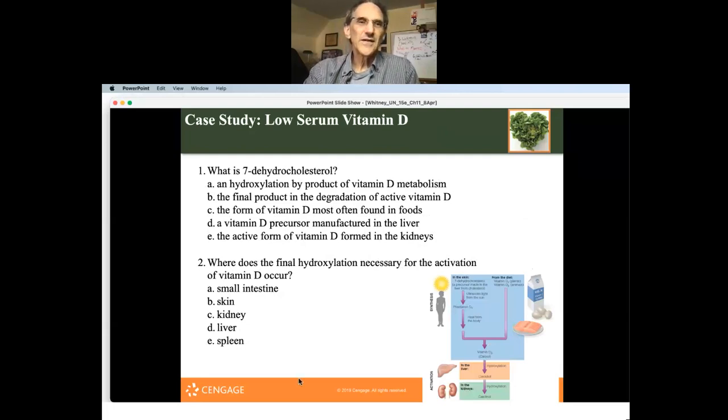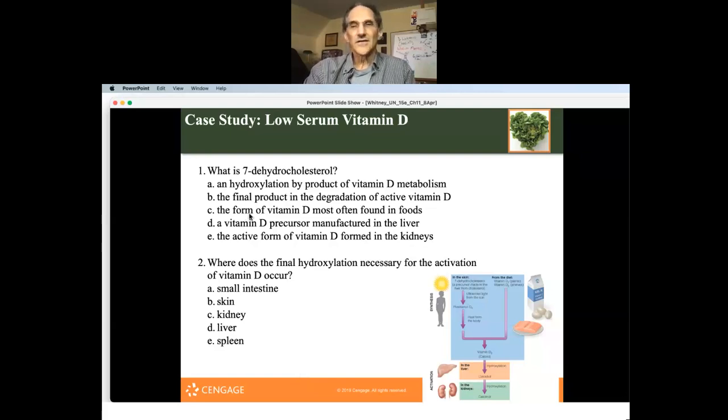Okay, so what is 7-dehydrocholesterol? The choices are: a hydroxylated product of vitamin D metabolism, the final product of degradation of vitamin D, the form of vitamin D often found in foods, a vitamin D precursor manufactured in the liver, or the active form of vitamin D in the kidneys.